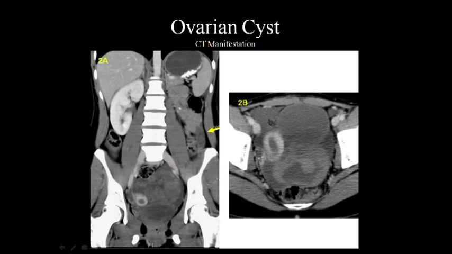Here is something not quite as normal. You notice we have varying degrees of density inside of this, and this corresponds to the axial image here, where we have this area, and then we have what looks to be fluid back here, or maybe this is still cystic in nature.